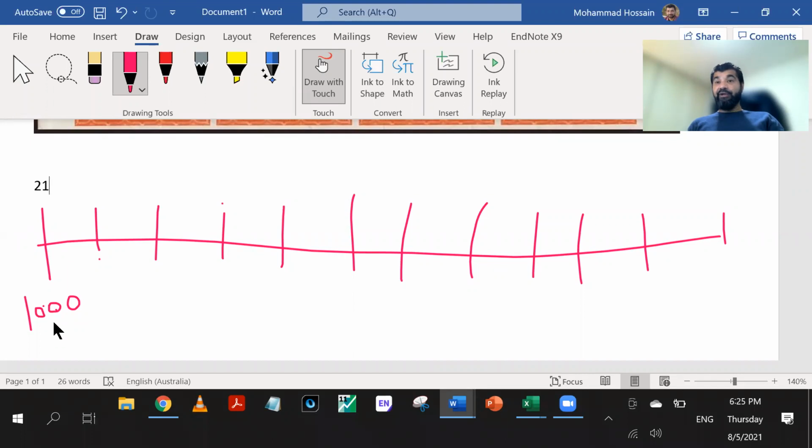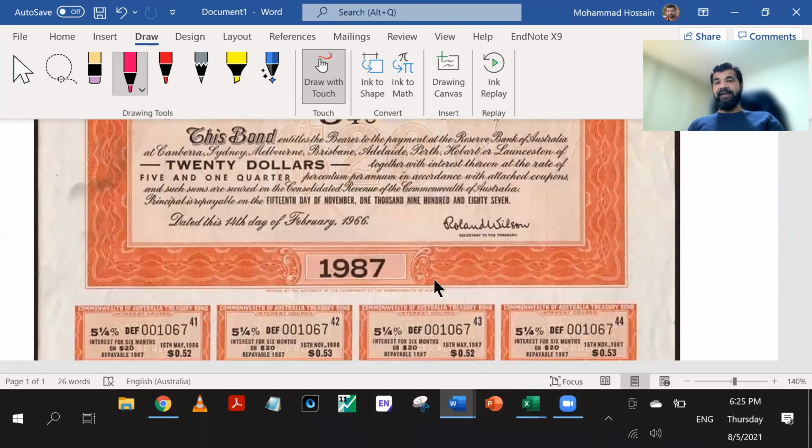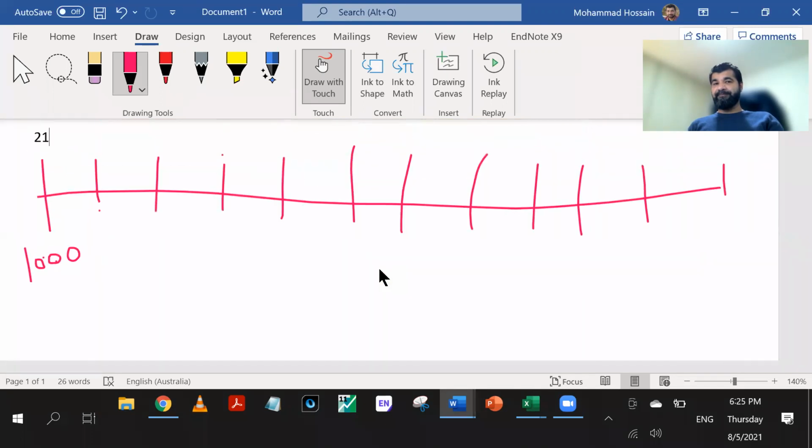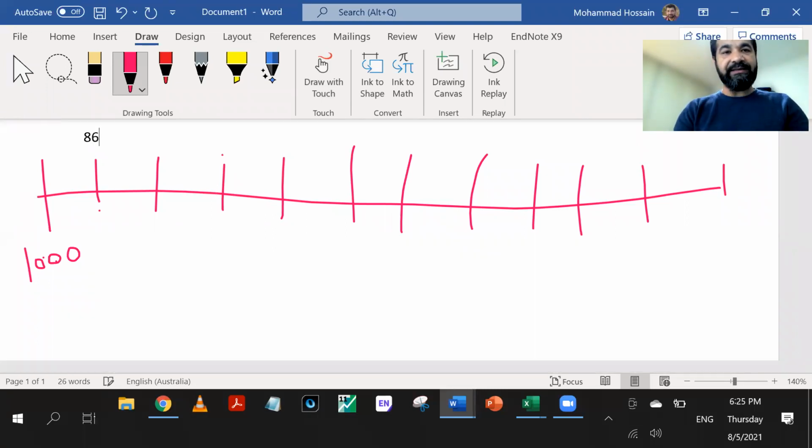You paid $1,000, and the company or the government has given you a certificate for $1,000. After 1 year, and every year, it's giving you interest. How much interest? For 8.6% on $1,000, you get $86 in interest.